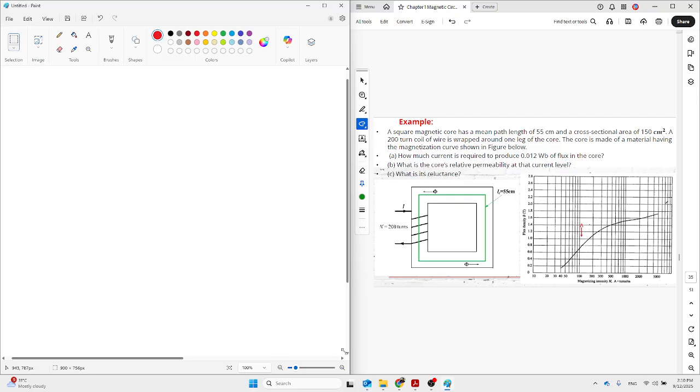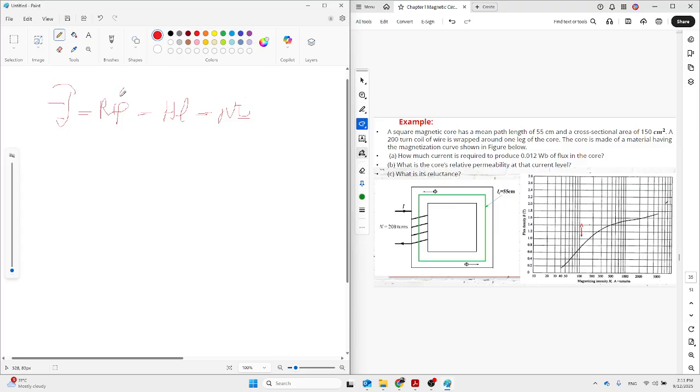So, okay, how can we calculate this one? Again, we should return to the formula. The formula says MMF equals R times phi, which equals H times L, which equals N times I. Here we know the flux, correct?